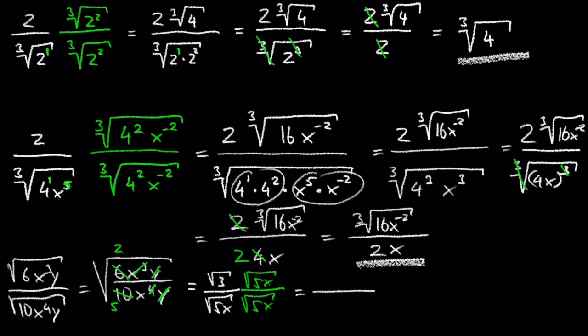Because of the multiplication law for roots, we get the square root of 3 times 5x, which is the square root of 15x, and at the bottom 5x of the fraction.